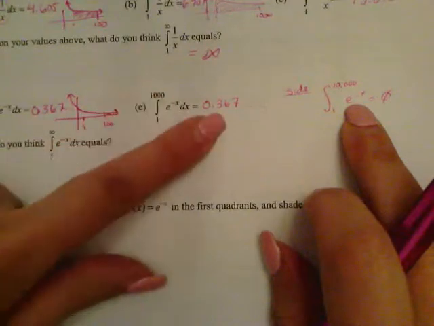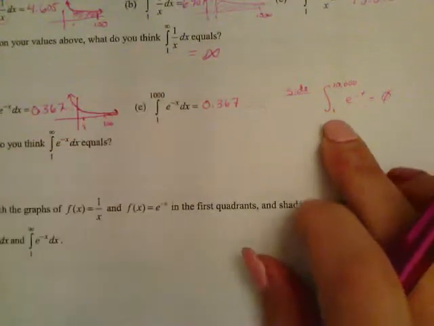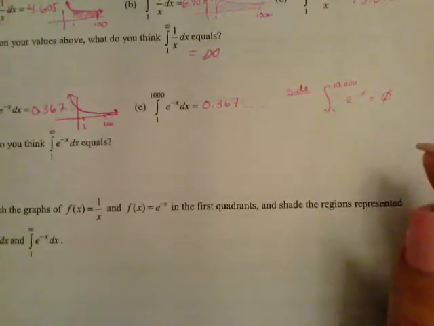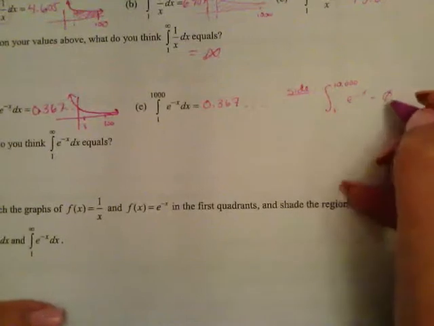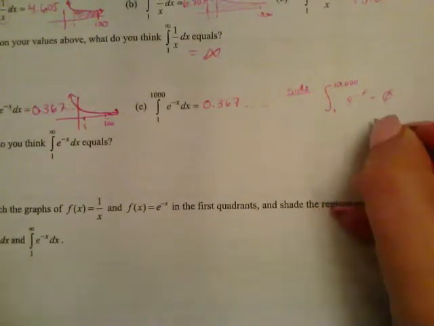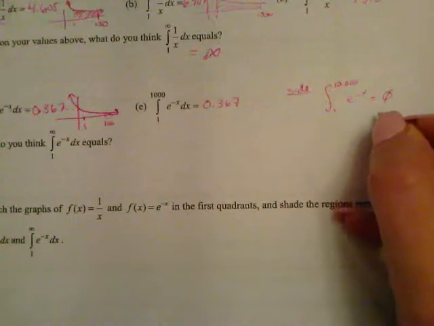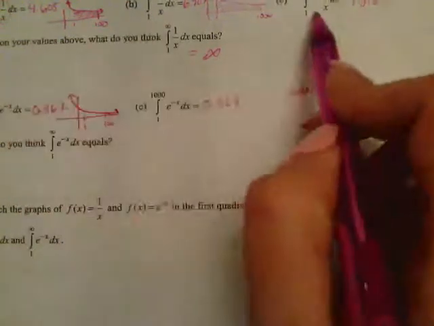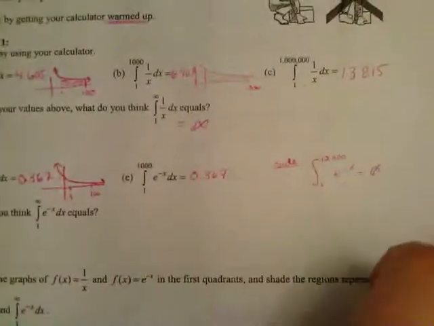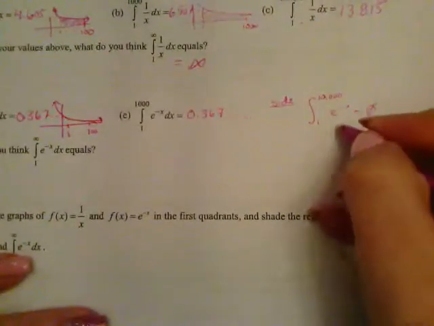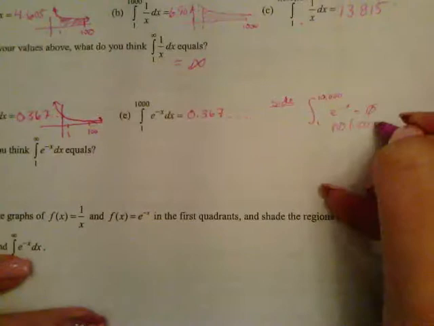From 1 to 1,000 it's 0.367. So from 1 to 10,000 it should be a little bit more than 0.367, or approximately 0.367. But the calculator sometimes basically doesn't work for these types of integrals. So there's no way for you to check improper integrals using this method. It works sometimes, of course, but not always. So this is not correct.